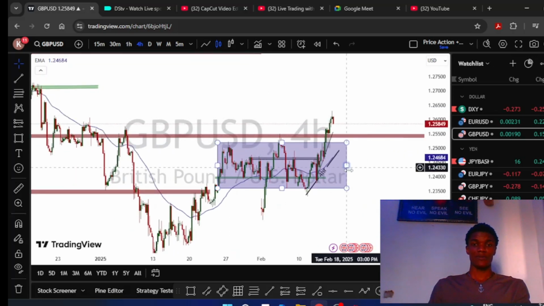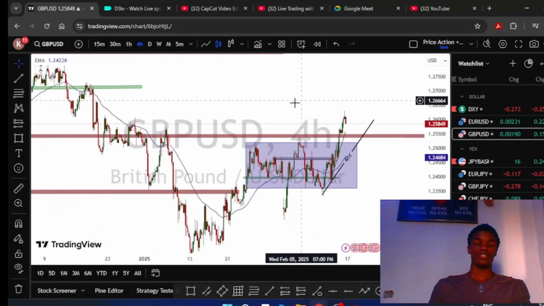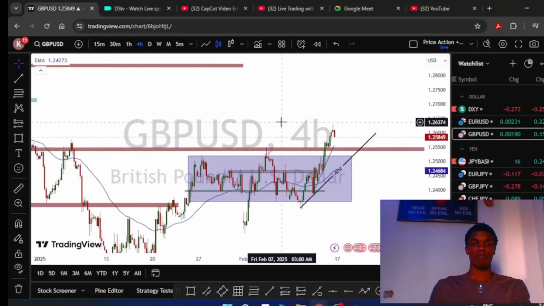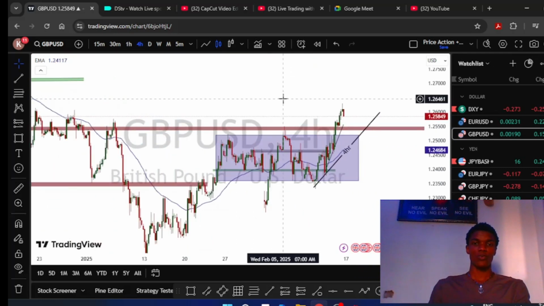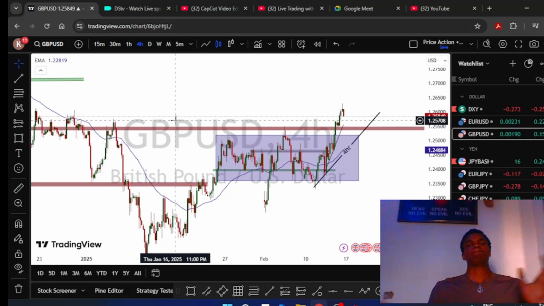So yeah, indeed we're going to be looking out to be buying GBPUSD right now. Alright, so buys, we're going to be looking for, broken above this massive range that started since January 26th up until February 13th.